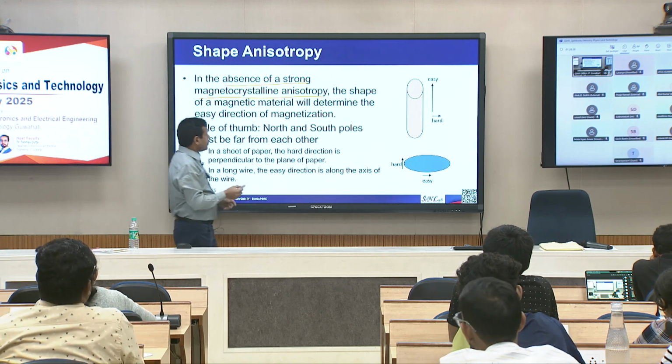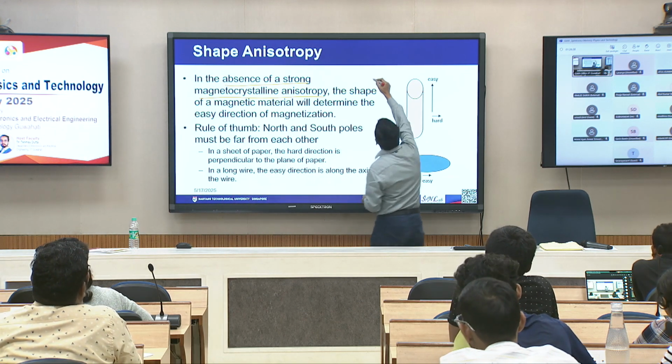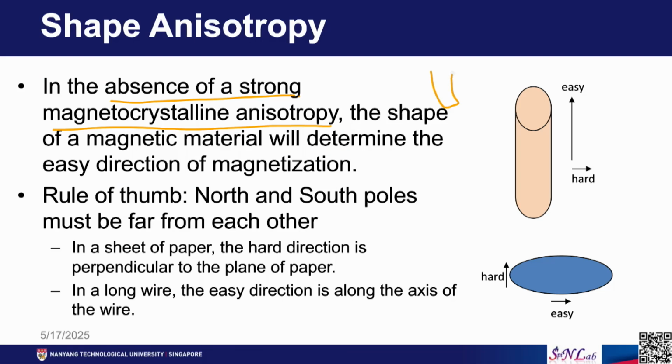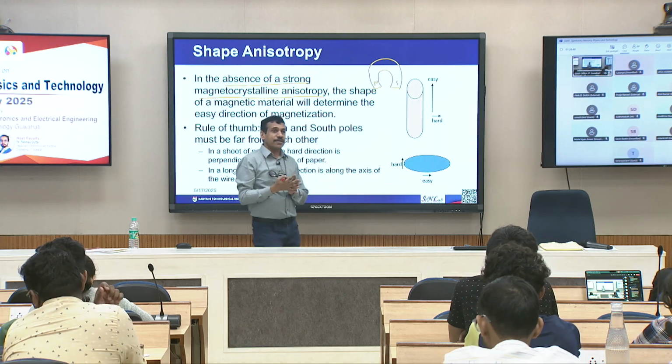How many of you have seen the horseshoe magnets? Have you seen these magnets? Usually these magnets were popular long ago, maybe hundreds of years ago, when people did not have materials with a high anisotropy.